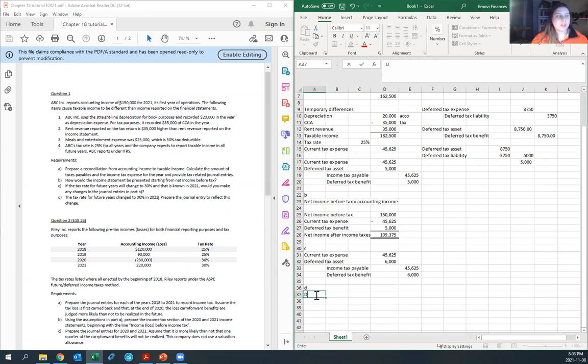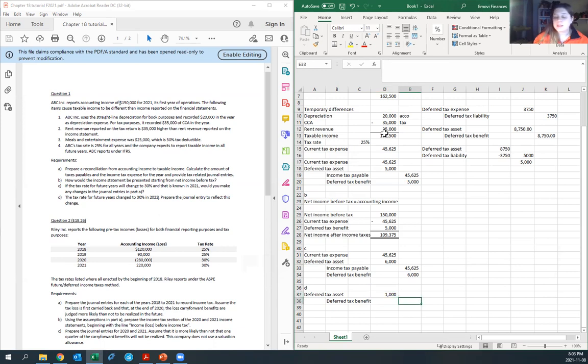So you're going to want to increase your deferred tax asset and deferred tax benefit. You're increasing them because your tax rate has increased. So it's going to be the sum of your temporary differences for 2021 times your 30% minus 25%.